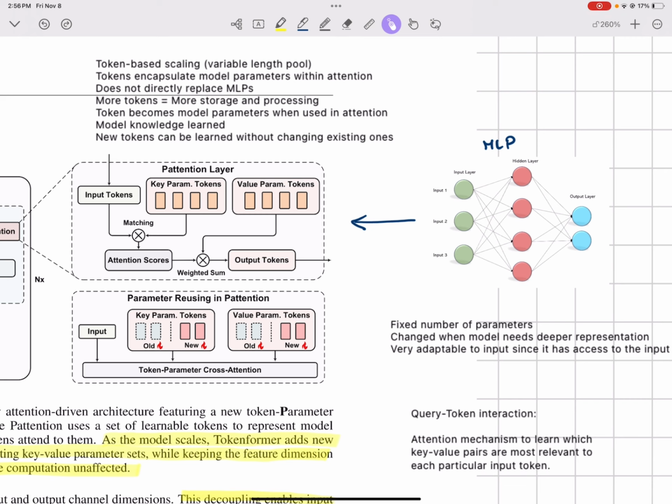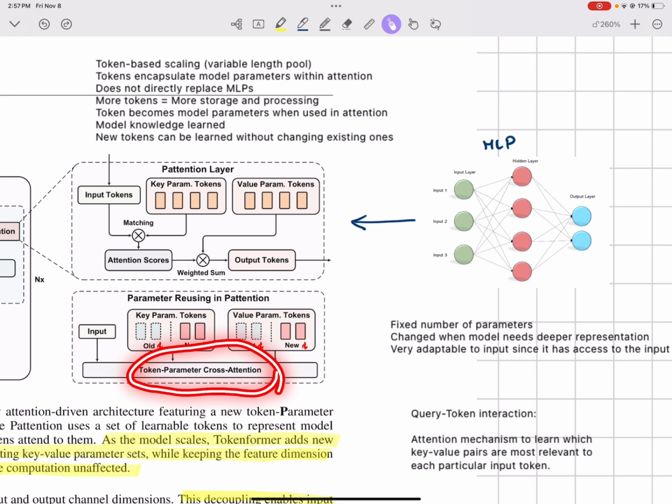So for example, let's say I've trained a smaller transformer with these old tokens right here, and then I finish the training, and then I want to scale to a bigger model. I can just append new tokens and then continue training. The fire symbol here means that we can still propagate through the old tokens as well to further fine-tune them. And so the way these variable length tokens interact with the input is through a cross attention.